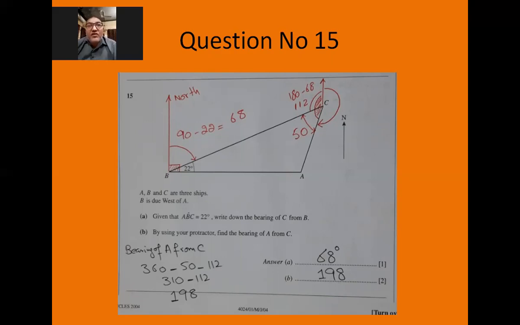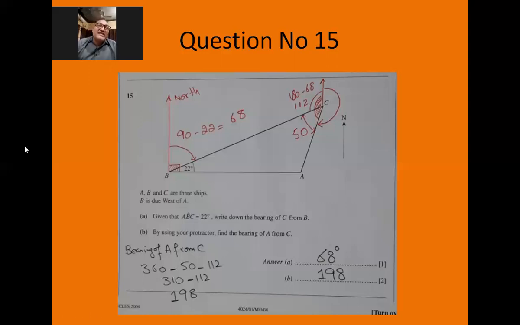The bearing of C from B, I want to know. You know, the bearing of A from B is 90, because B is in the west, so A is in the east. If I draw a north here, the angle between the north and the east will be 90. So this whole angle is 90. I want to find this angle, that's the bearing of C from B. The bearing of C from B means you draw north on B, and from that north you move clockwise to the side BC.